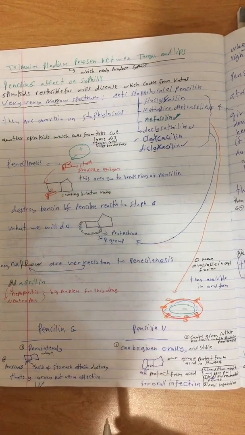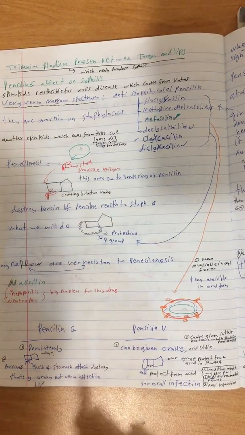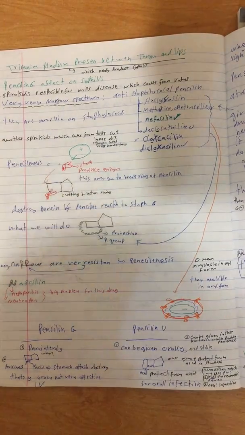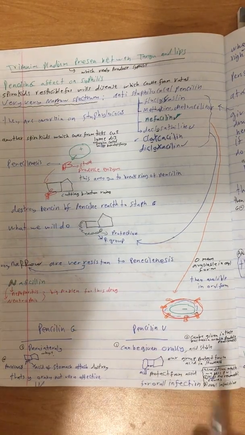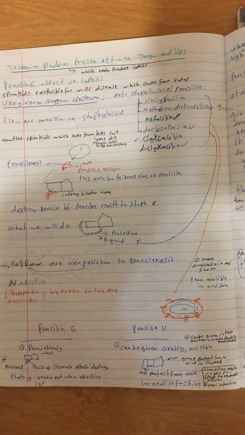That's why orally it's not very effective, only IV or parenterally. Penicillin V can be given orally.